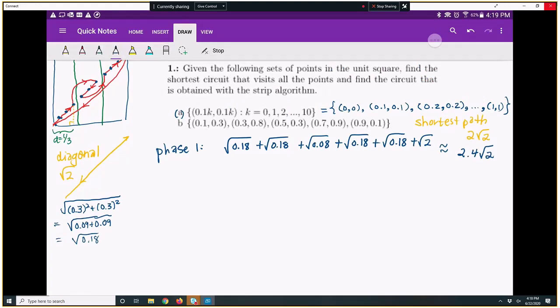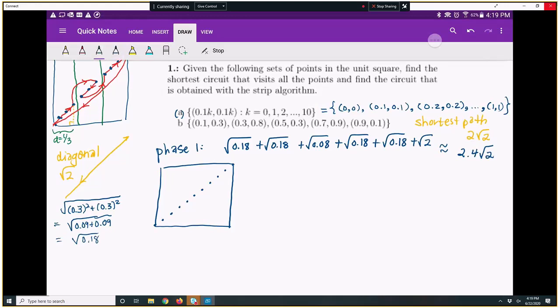So I'm going to again draw this diagram, the 11 points in the unit square. So here's my unit square. The bottom left point is the origin, 0, 0. The top right point is the point 1, 1.